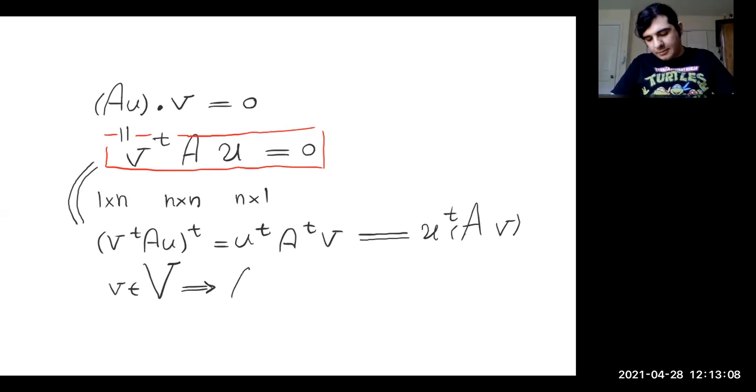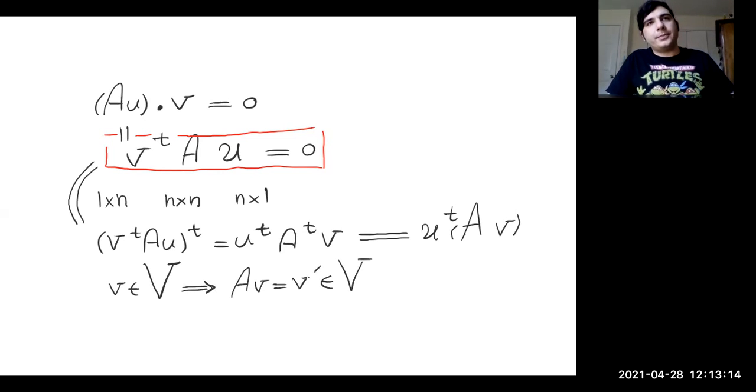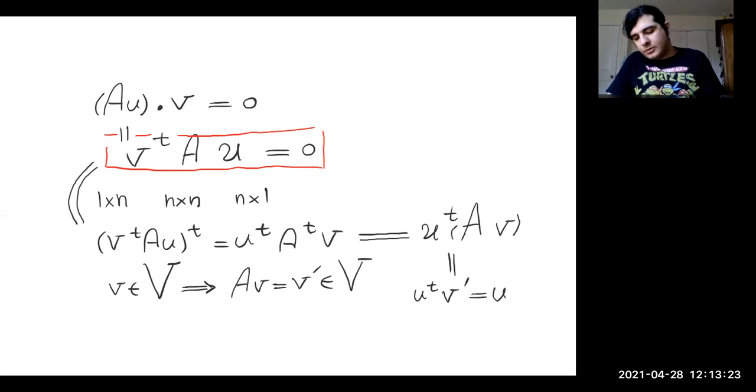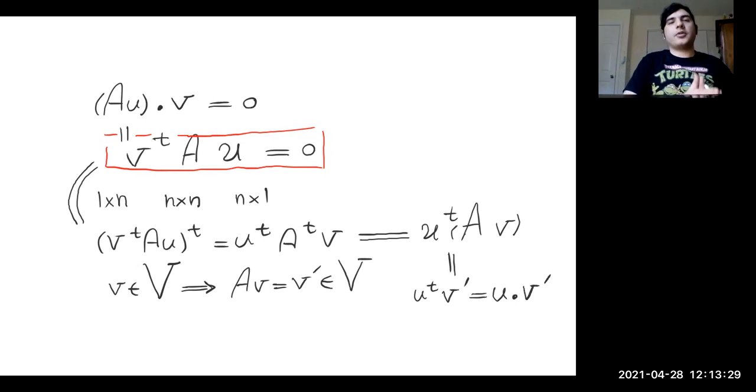So AV, let's call that V prime, again is in this vector space V. So I would rewrite this as U transpose V prime, which is just U inner product V prime. But that has to be 0 because V prime is in V and U is normal to V. So that is 0.